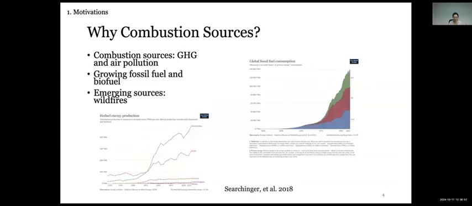And after we define combustion sources, the key question is why combustion sources? Why do we focus on them? So basically, combustion sources contribute to a significant portion of air pollution emissions and greenhouse gases. Therefore, they have double impacts, both climate change and health impacts.